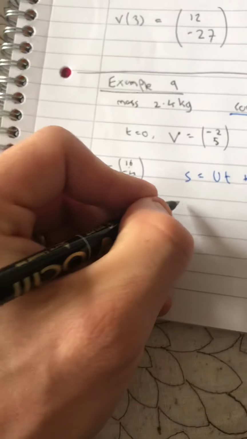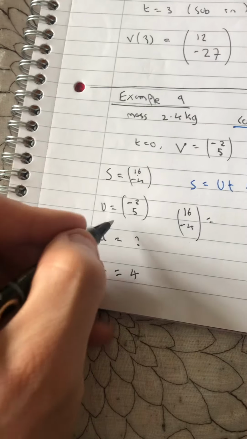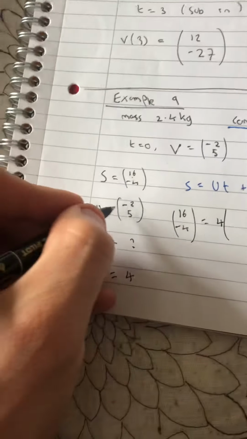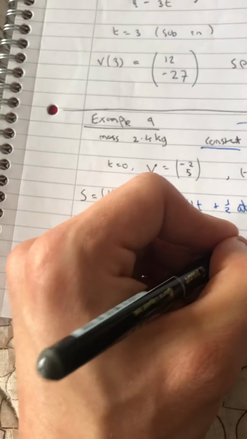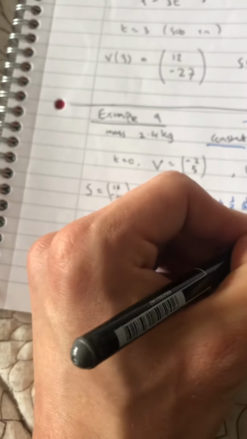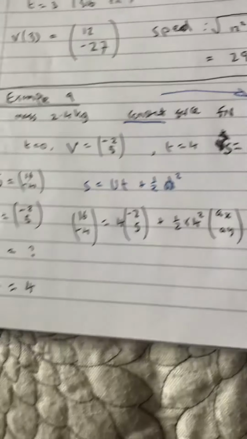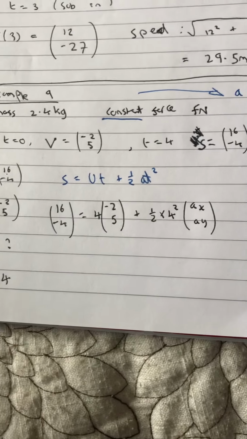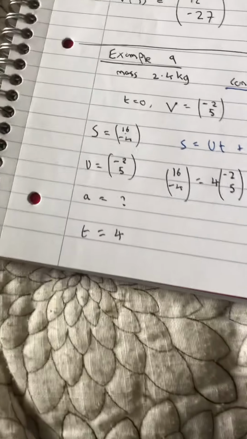So s is 16, -4 equals 4 lots. I'm going to put the 4 at the front of -2.5 plus a half. Again, I'm just going to put the t to the front, a number, and then I'm going to call it ax and ay. It doesn't really matter if you just leave it as a or an empty vector or whatever you want. And I'm going to rearrange to get the ax and ay on their own.